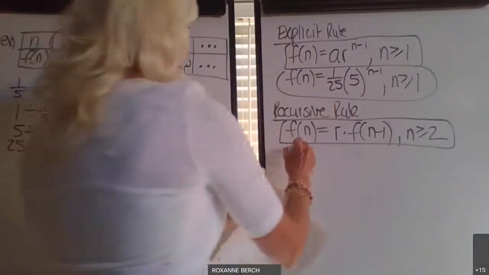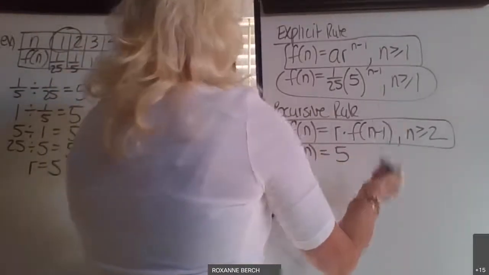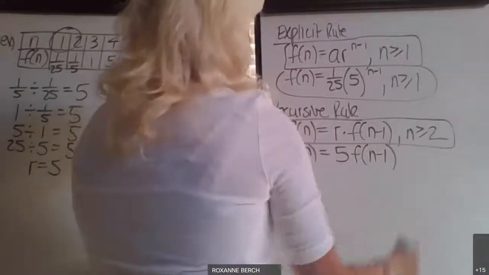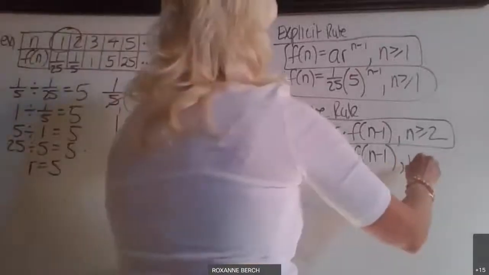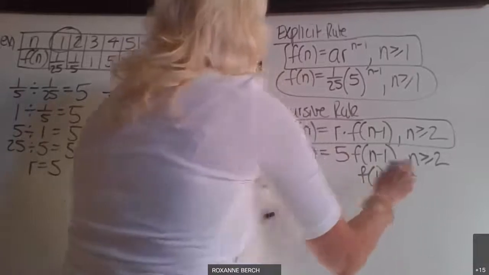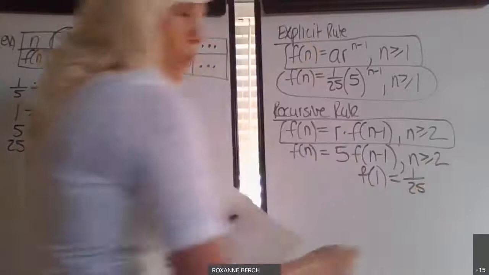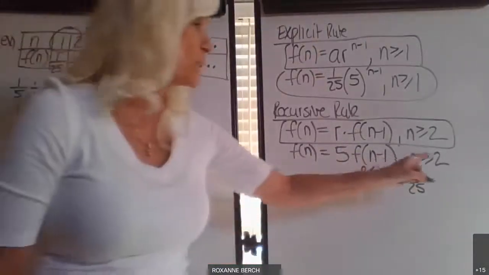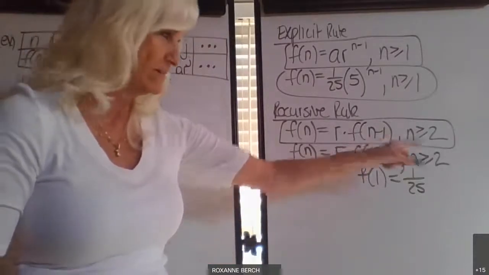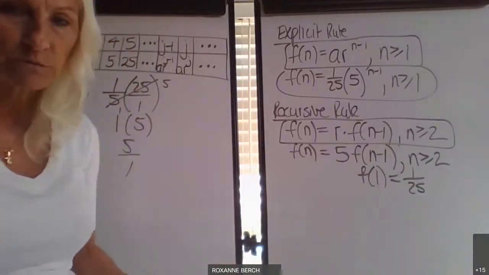And so this would be f of n equals the common ratio, which is 5, times, you could put a dot and just write f of n minus 1, where n is greater than or equal to 2, and you want to put the first term as 1 over 25. And why are we doing that? Because when you put in a 2, you get 5 times f of 1. So you need f of 1 to do the recursion.